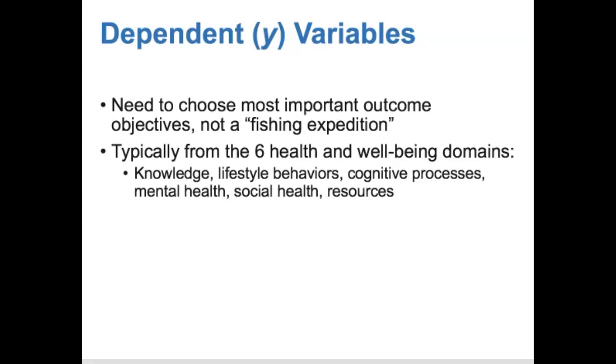This can be called a fishing expedition. You're going to measure everything under the sun and hope that something is changed by your intervention. Typically, your dependent variables will be from one of more than 6 health and well-being domains, which are listed here.